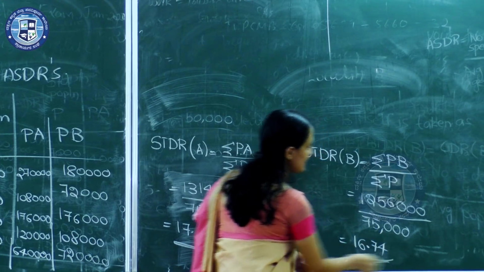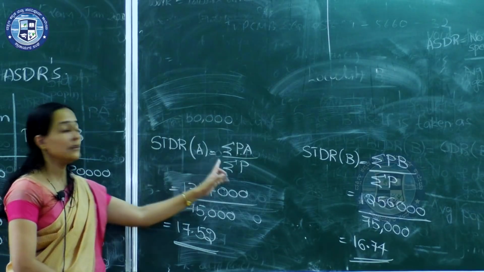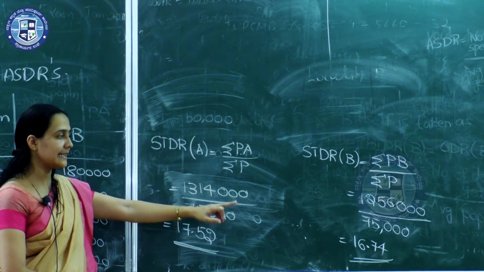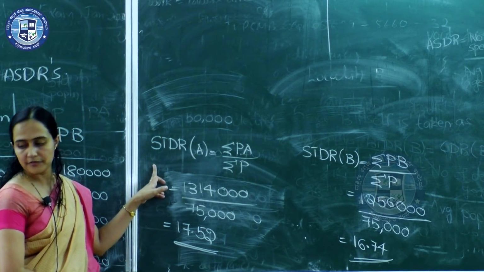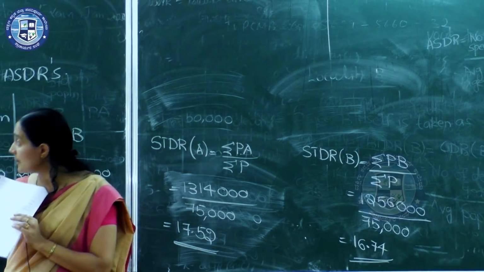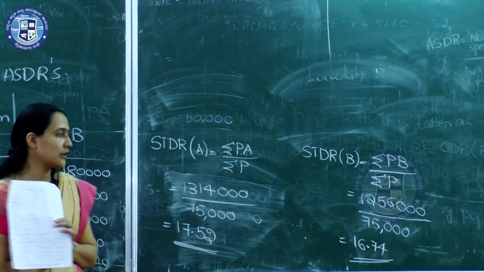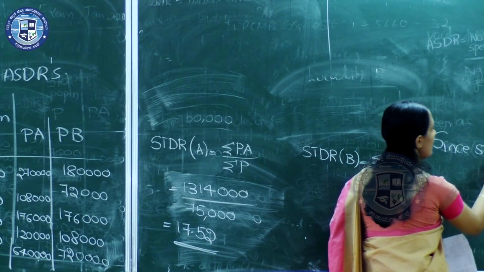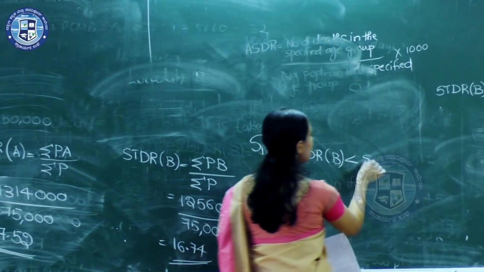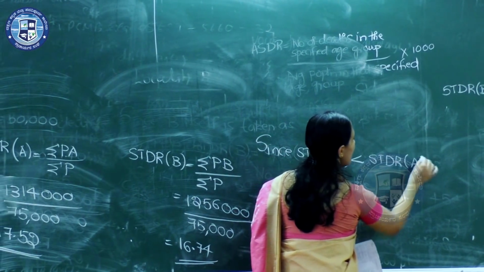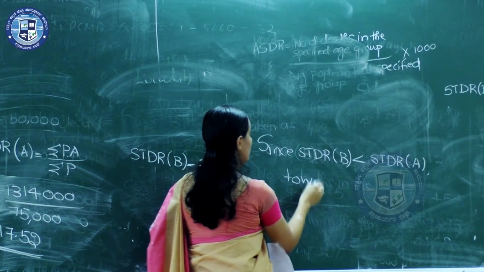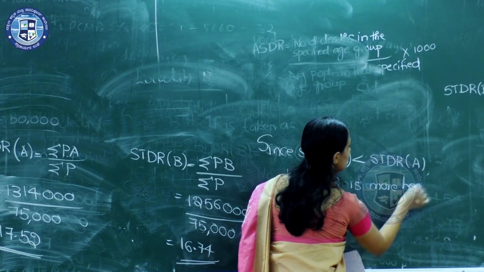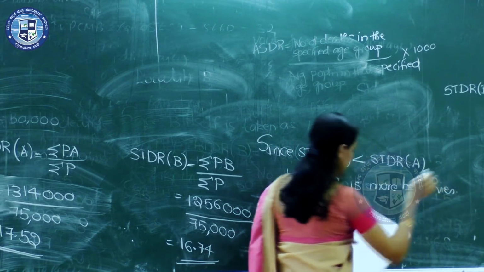The answer is 16.74. Which one is less here? The lesser one is the second one, the STDR of B. Since the STDR of B is less than the STDR of A, town B, or locality B, is healthier. So the conclusion: since the STDR of B is less than that of A, the town with the lower STDR is healthier.